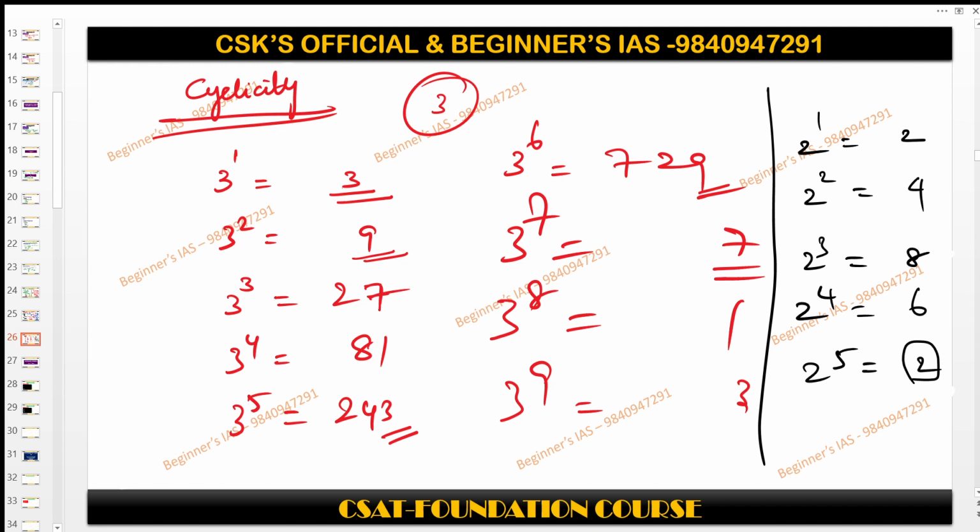Again can we say 4 for this cyclicity? Every fourth cycle it gets repeated. 2 power 6 is 64, so the cycle is repeated here with 2 power 6. Understood? Cyclicity is 4.